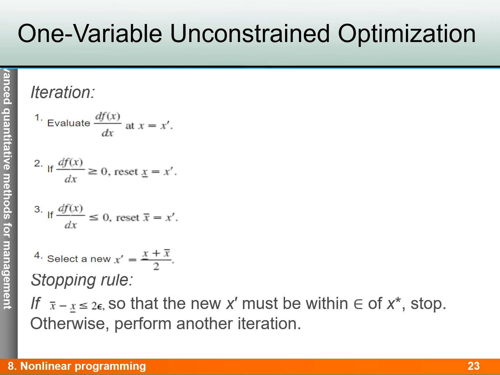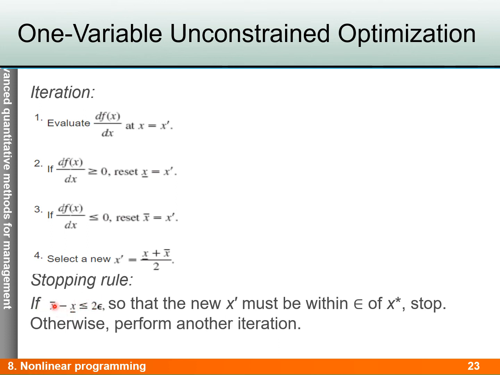We stop our procedure when the upper bound minus lower bound is less than or equal to 2 epsilon. The epsilon is the one that the example gives us.